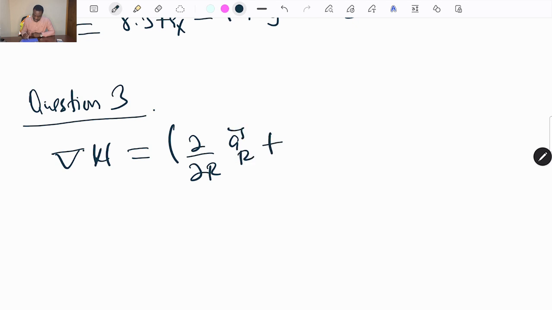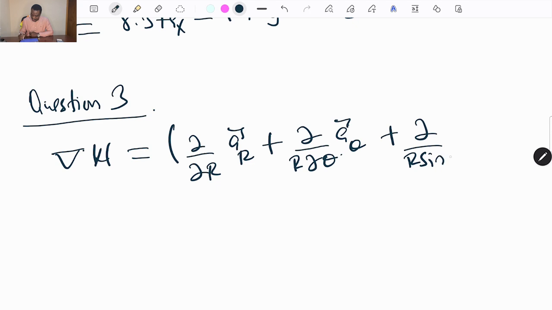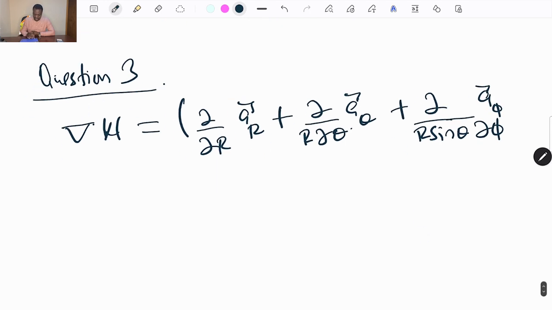The next one is going to be partial derivative with respect to r, then 1 over r partial derivative with respect to theta, with the unit vector along the direction of the angle of elevation, plus 1 over r sine theta, then the partial derivative with respect to phi, and then we bring the unit vector in the direction of the angle of rotation. So this becomes our del operator on the function W.